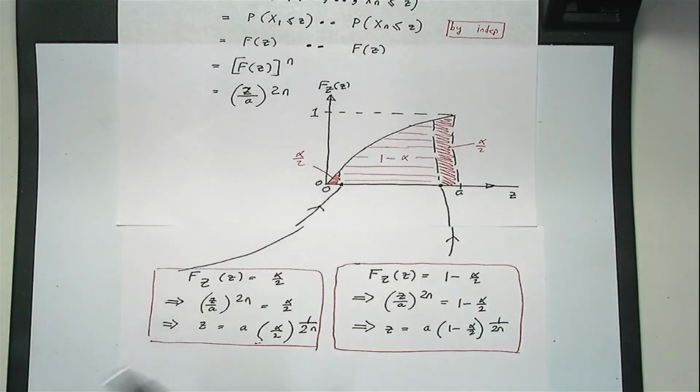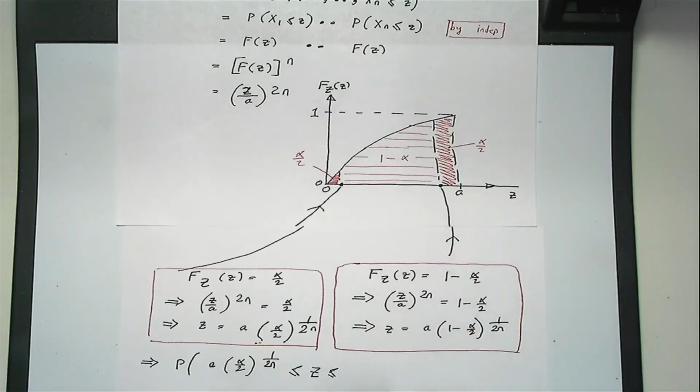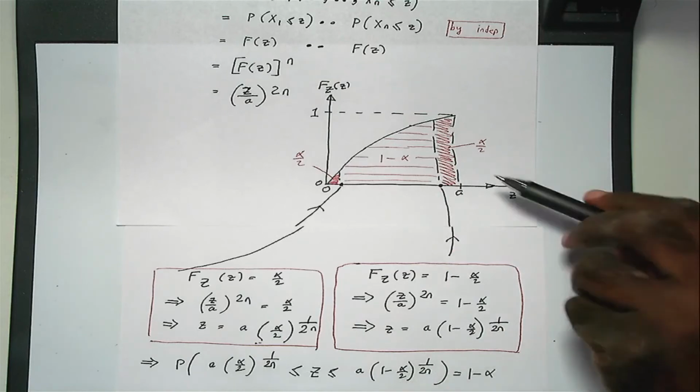What I'm just saying is the probability that capital Z lies between this and this is equal to 1 minus alpha.